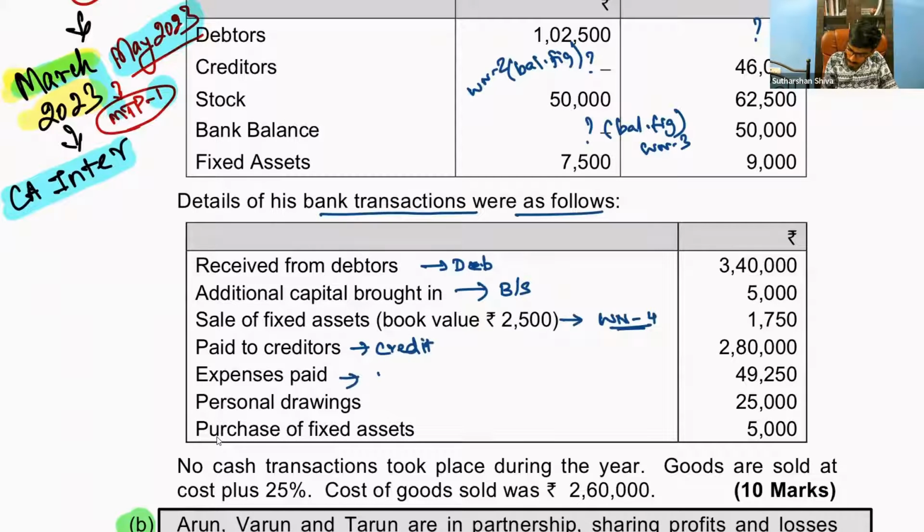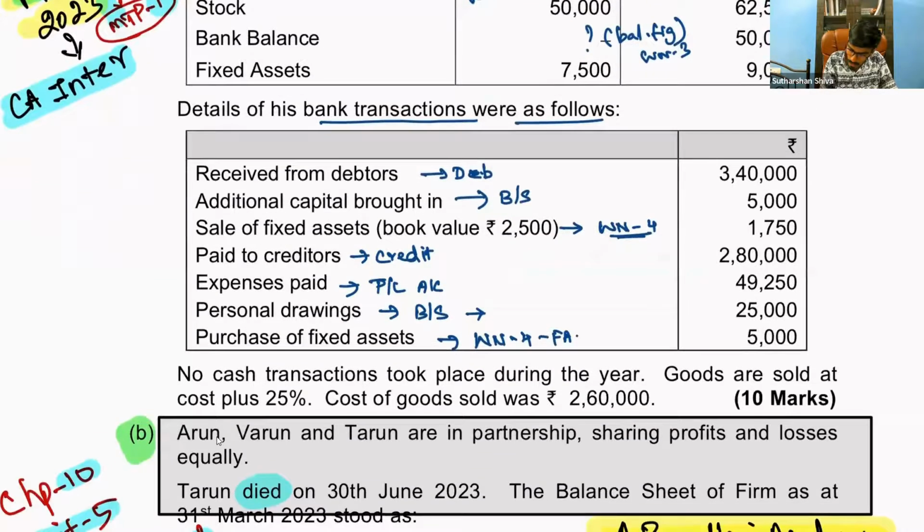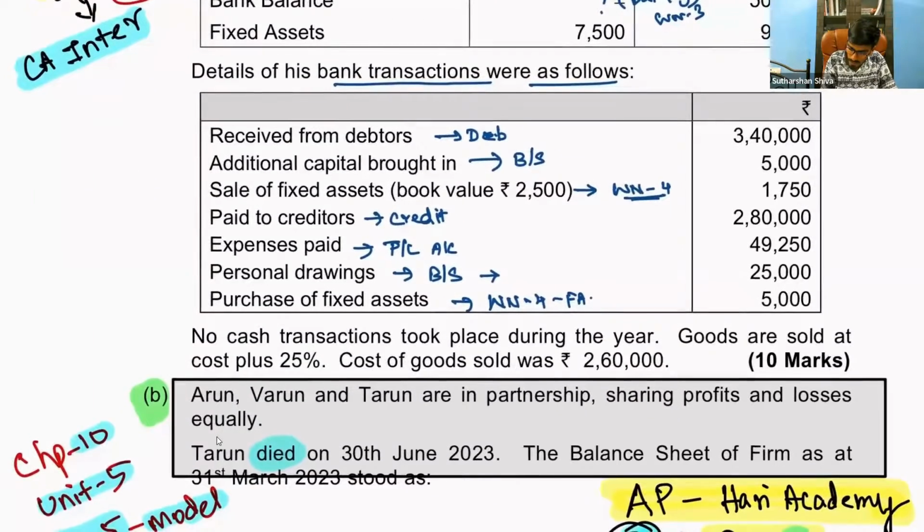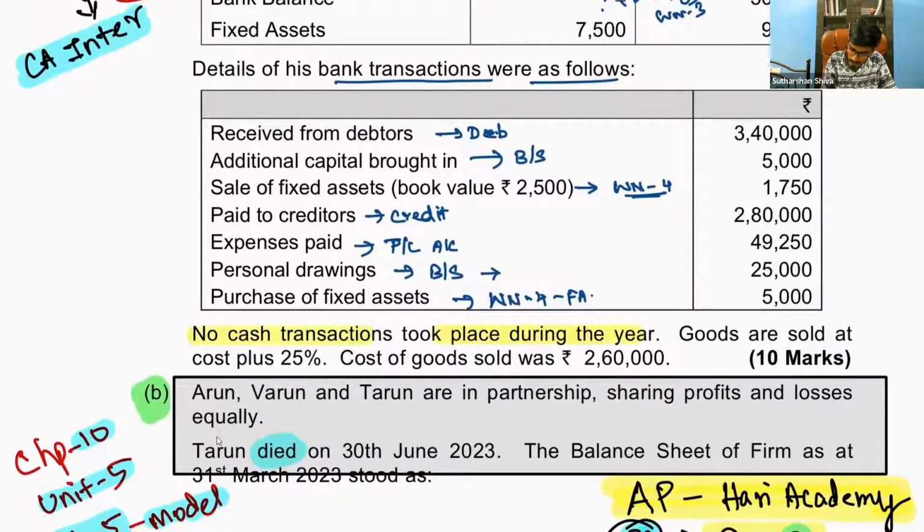Expenses paid, affecting the P&L account; I will take it as general expenses. Personal drawings, affecting the balance sheet. Purchase of fixed asset, working note number 4. They have given that no cash transactions took place, which means everything will be on credit basis.